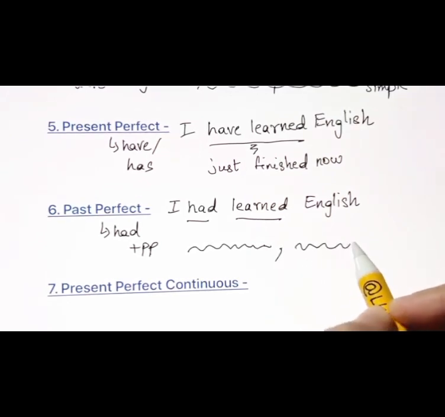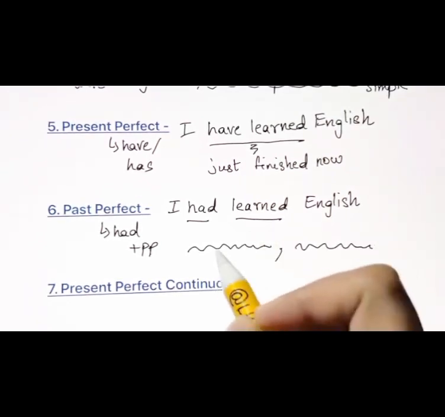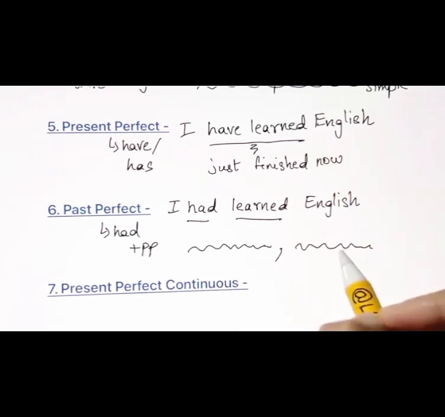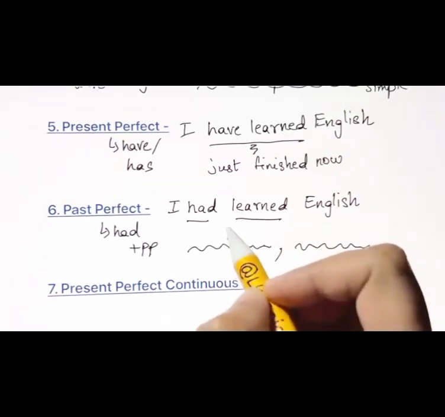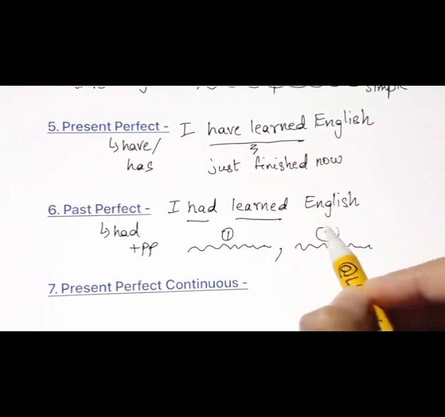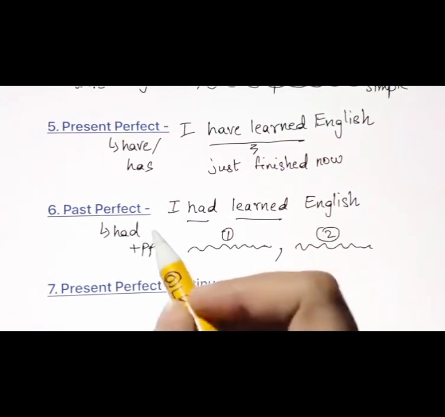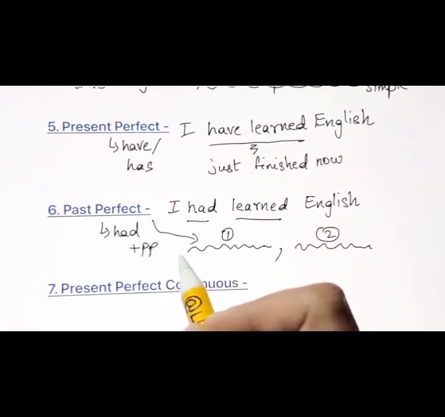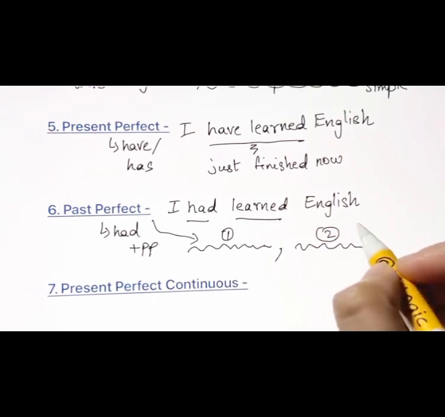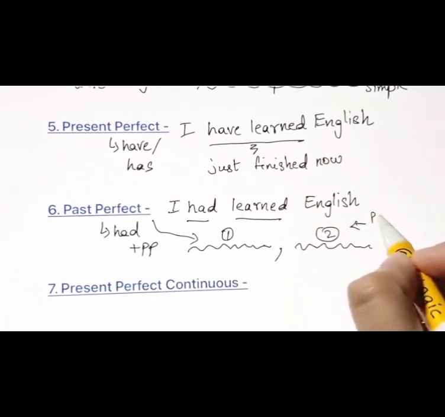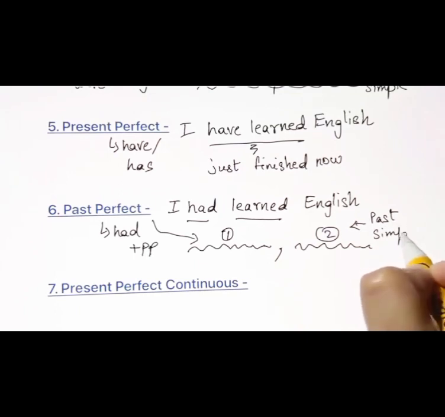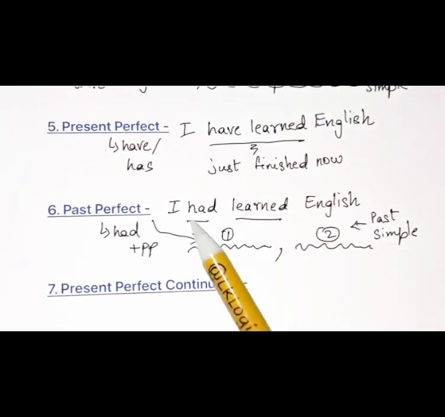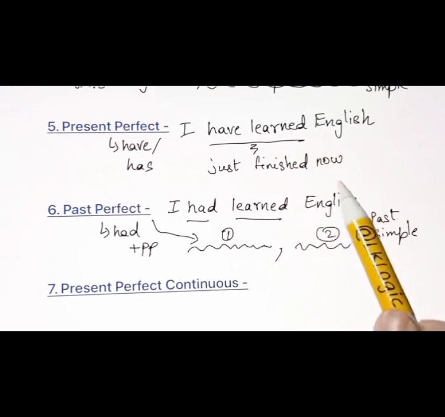Then you did another thing after that. So when you speak about two actions in the past, action 1 and action 2, put action 1 in the past perfect and action 2 in past simple. For example, I had learned English before I went to the gym.